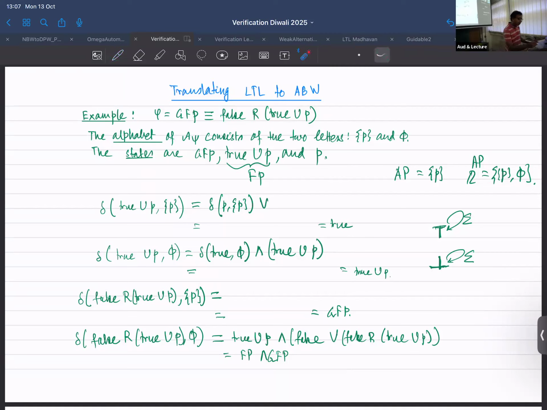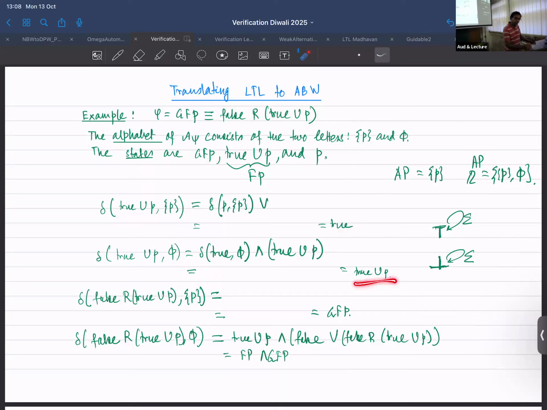Now we also have the state P, and we can get the transitions corresponding to P. Delta of P comma P is true and delta of P comma phi is false. But I did not write them. The reason being, for all the transitions that we have, for this state we are going to true.